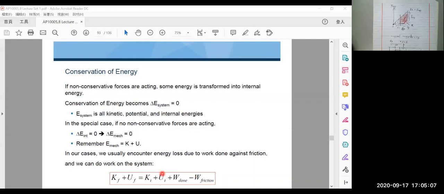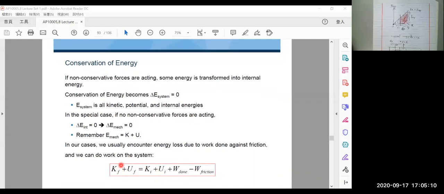So here you have the equation that connects the initial mechanical energy, final mechanical energy, work done, and the work against friction. Work against friction causes loss to the initial energy. Work done provides energy to the system. So the final mechanical energy is related to all these terms.